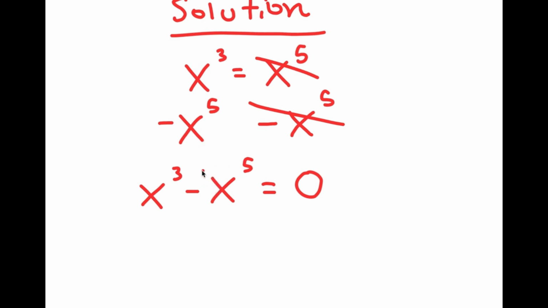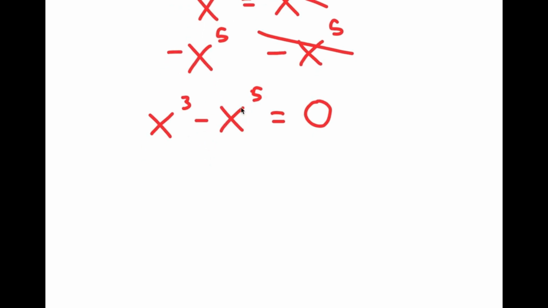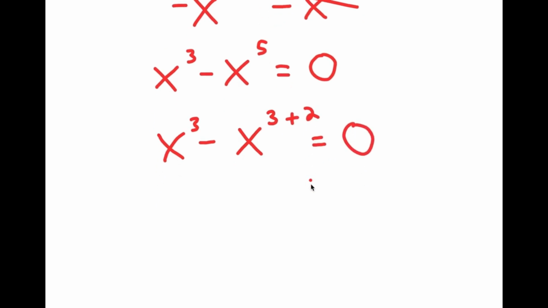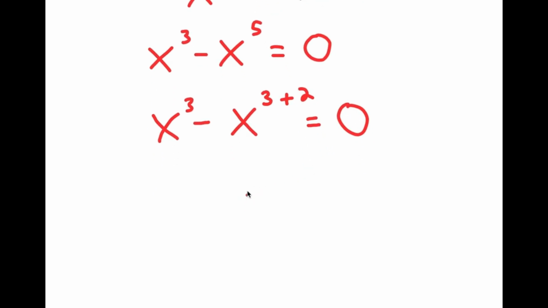Now, from here, x to the power of 5 is the same thing as x to the power of 3 plus 2. And an important property of exponents is that if I have something in the form a to the power of m plus n, this is equal to a to the power of m times a to the power of n.